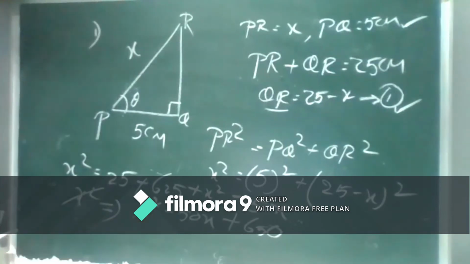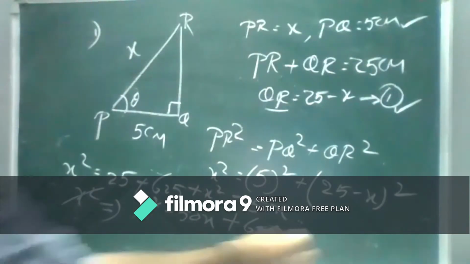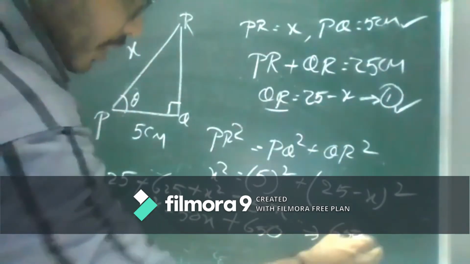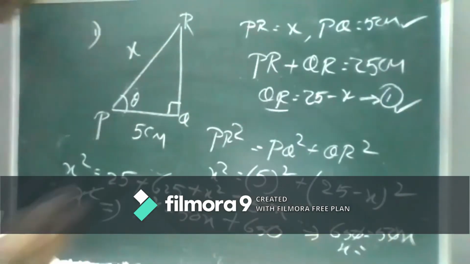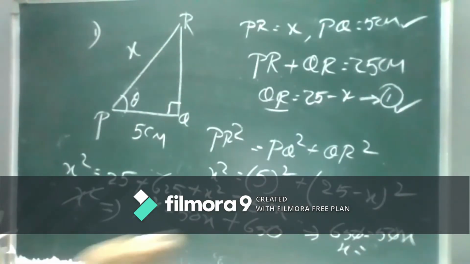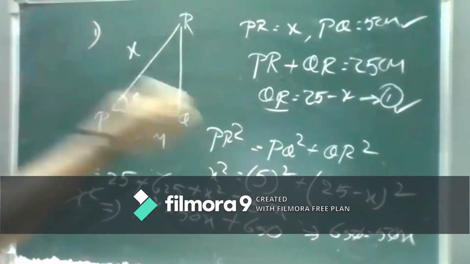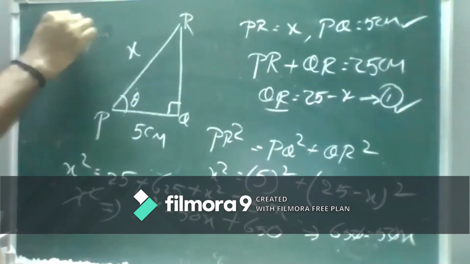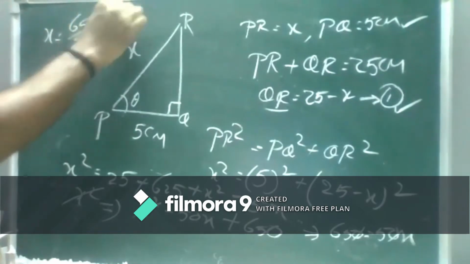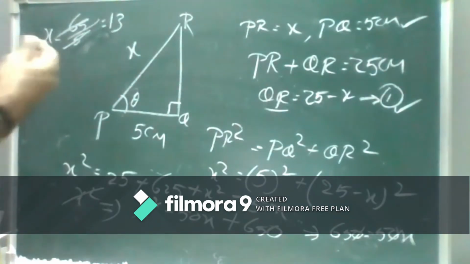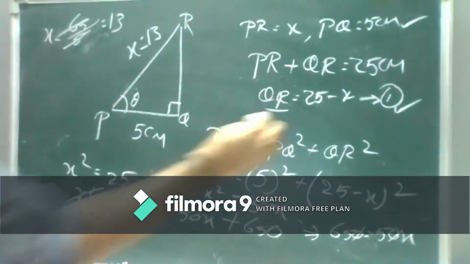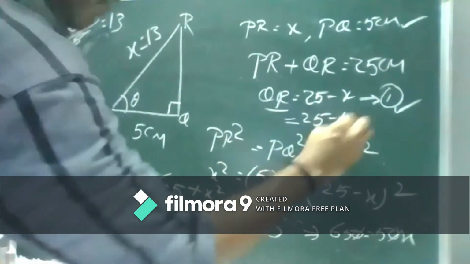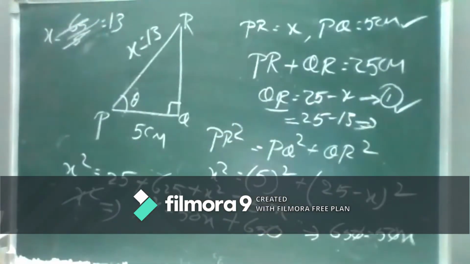The x squares cancel, so 650 is equal to 50x. Cancelling the zero, x is equal to 65 by 5, which is 13 centimeters. Then 25 minus x is 25 minus 13, which is 12.